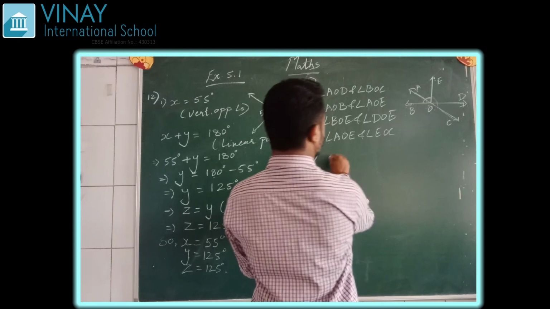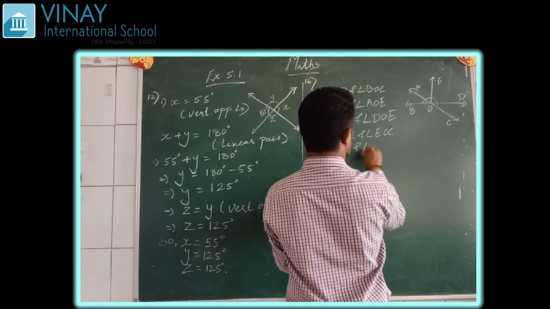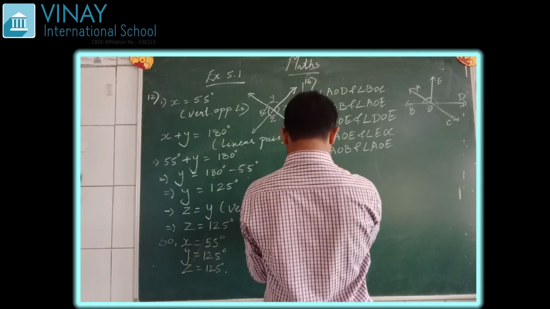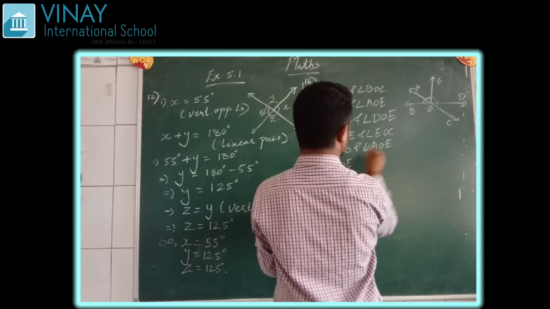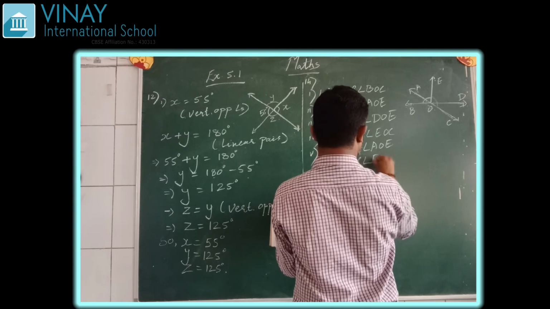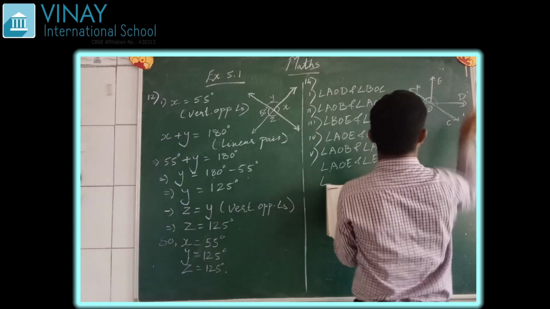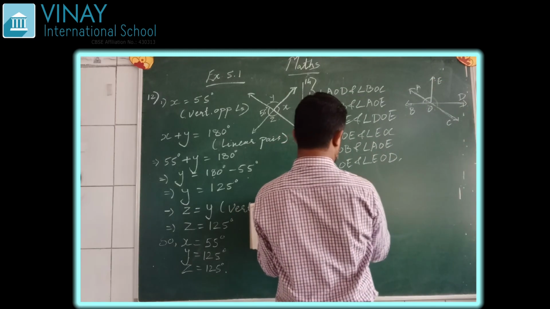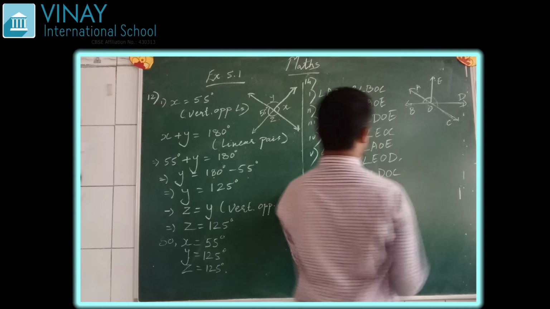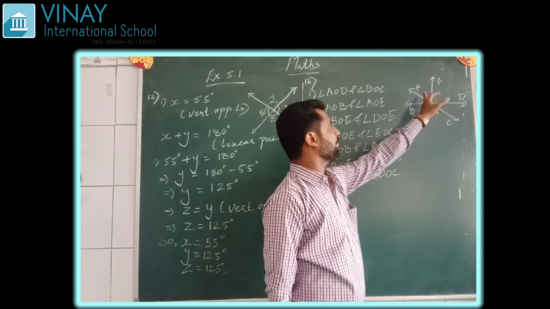So it would be angle AOB, this angle and this angle, they both are adjacent but not forming linear pair.